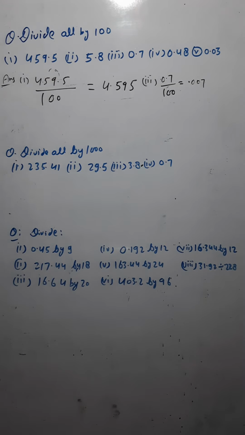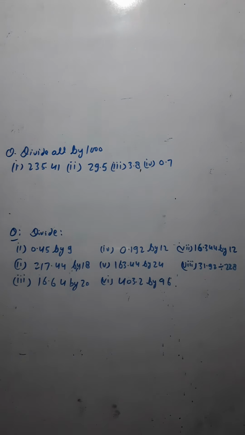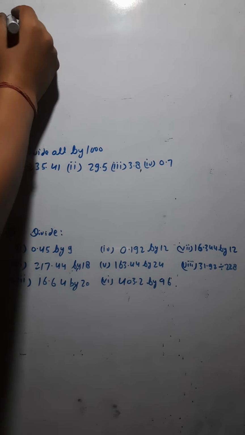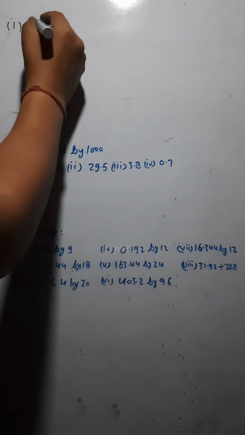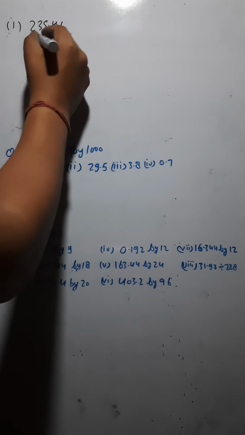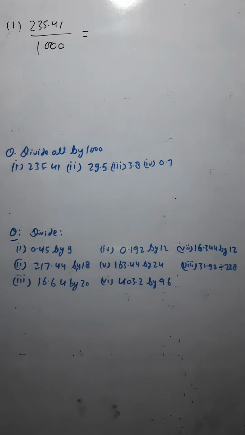Now we would do the next question. The next question is: divide all by 1000 now. So the first one is divide 235.41 by 1000. Now if you see, in 1000 you have three zeros.